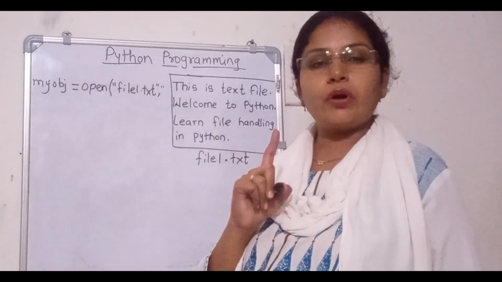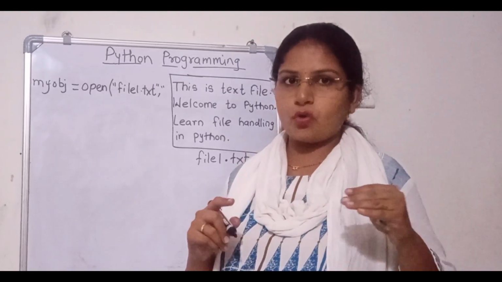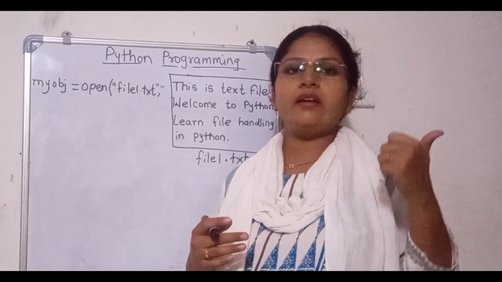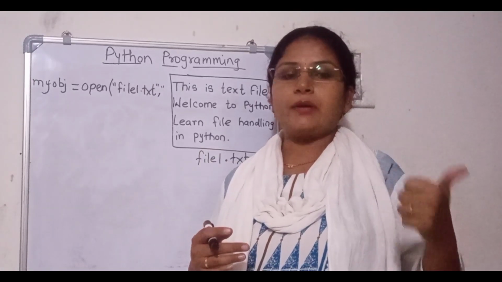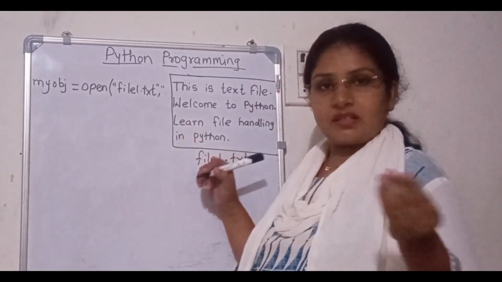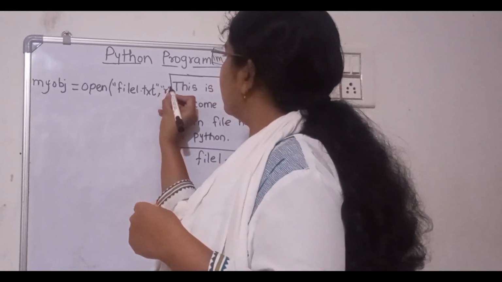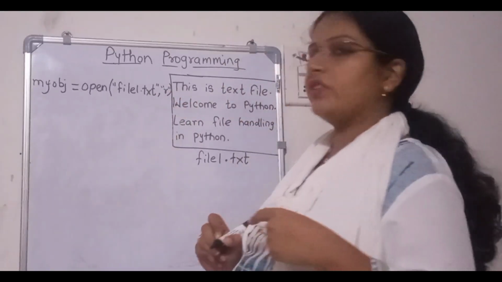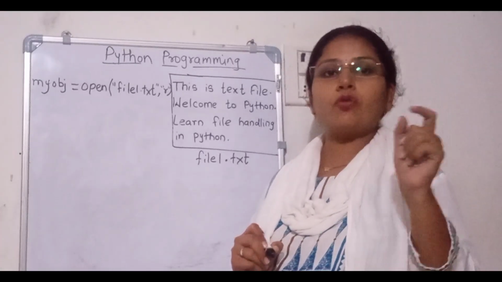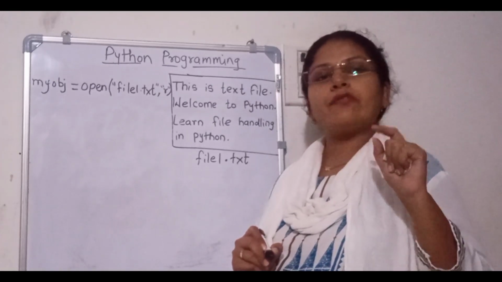In which mode are you opening the file? There are 6 modes, but we basically use 3 modes: read, write, append, and R plus, W plus, A plus, right? Since we are reading the file, we are using the read mode, which is R. If you want to write to the file, then you must use W for writing, and A for appending.